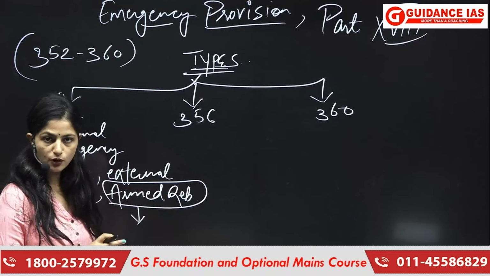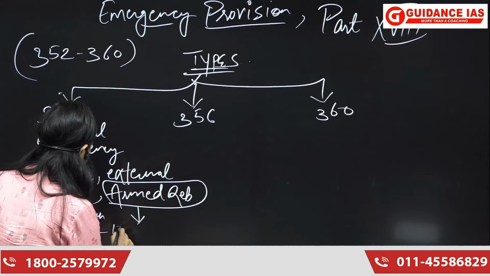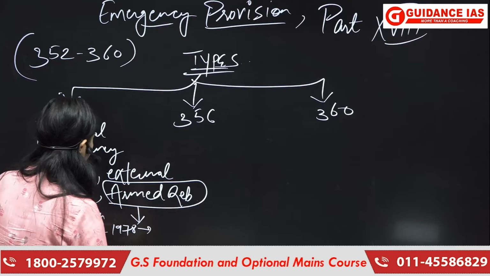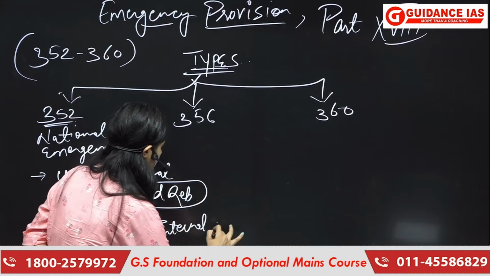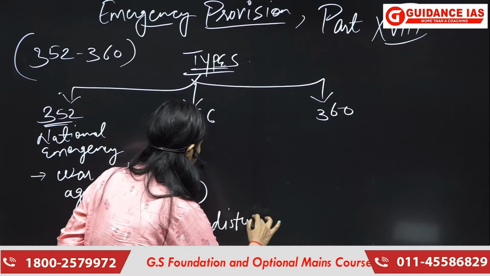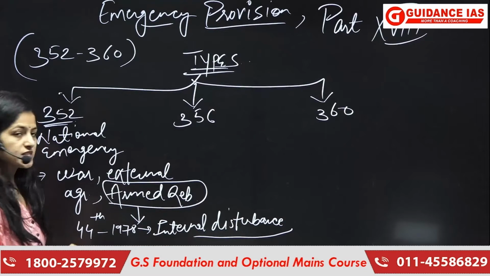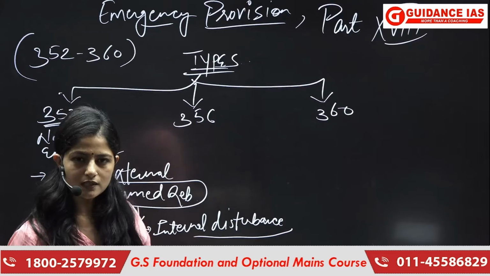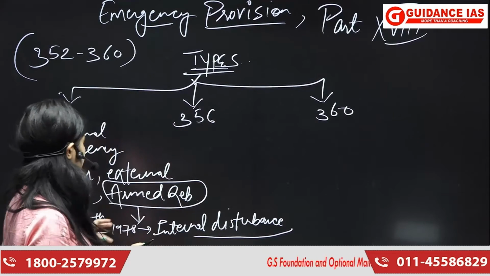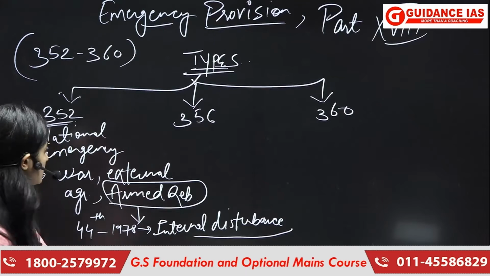It was not there before. Before the 44th Constitutional Amendment Act of 1978, we used the words internal disturbance, but after it we started using armed rebellion, because internal disturbance was a rather vague term. So in order to standardize the word and its meaning, we started using armed rebellion.